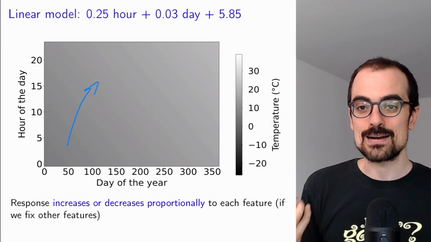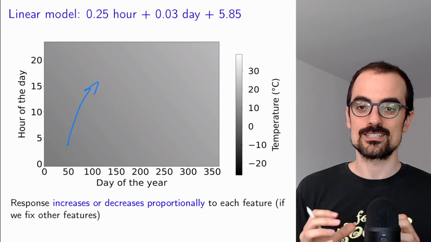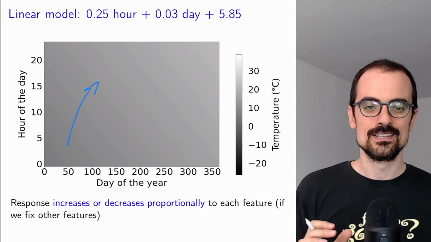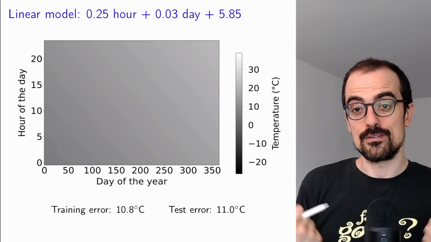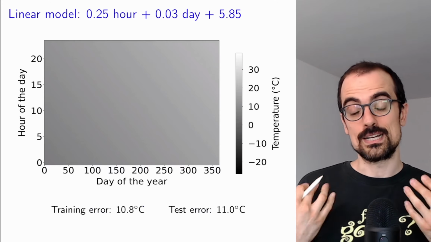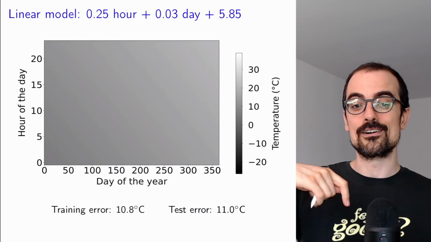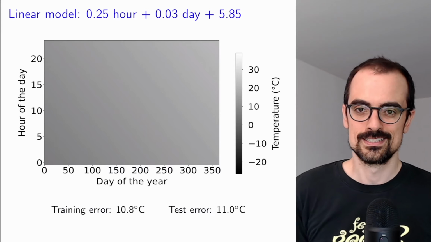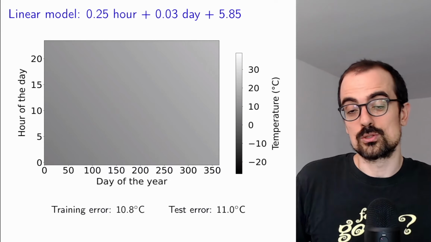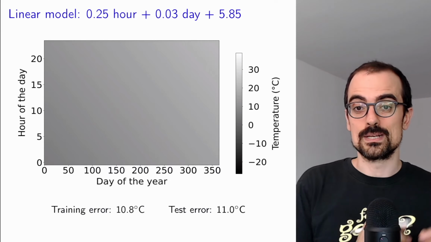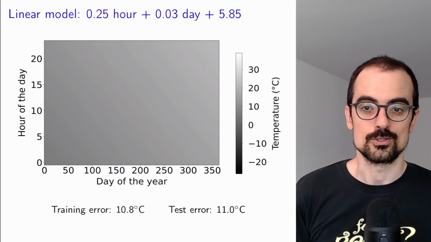So it cannot capture these nonlinear patterns that are present in the training data. Because of that, it underfits the training data, producing a terrible training error of an average of 10 degrees. And it also doesn't generalize because it's underfitting. It's not even able to fit the training data.